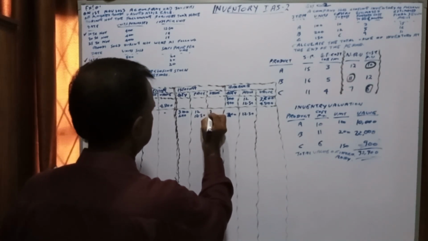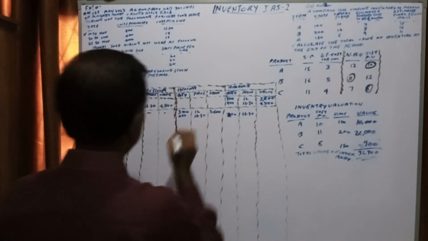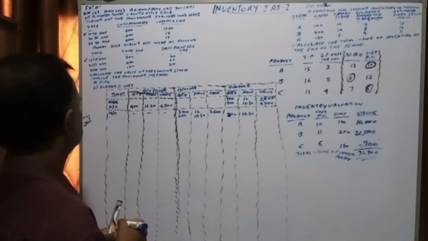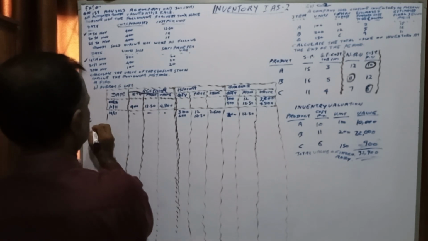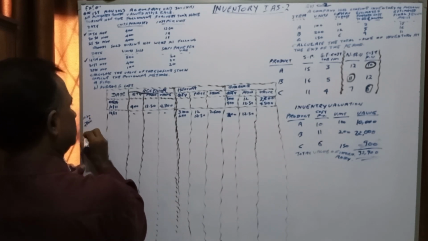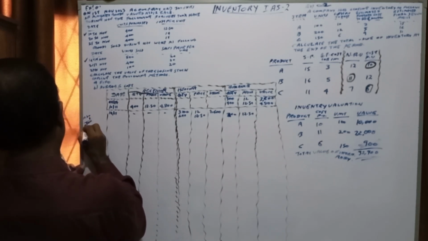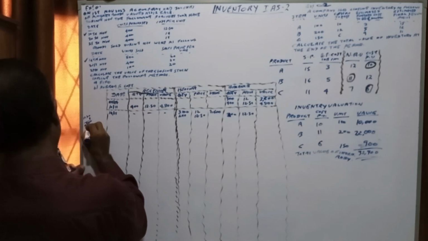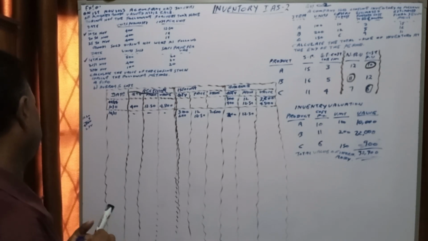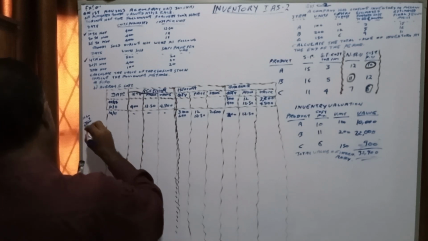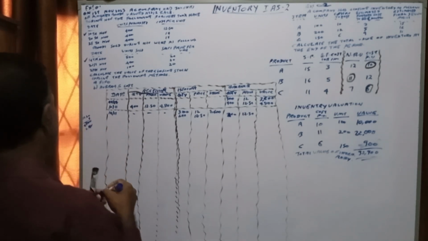Here we say 3600, and here 200 at 12.50 comes to 2400.